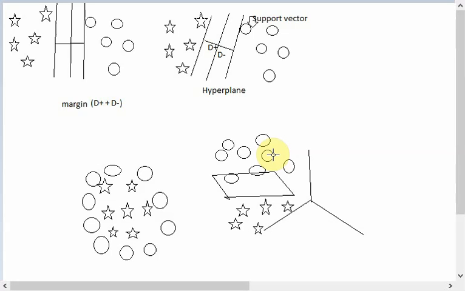There is a formula for finding this. Covariance of XY is equal to the summation from i equal to 1 to n of (xi minus x bar) multiplied by (yi minus y bar), divided by n minus 1.